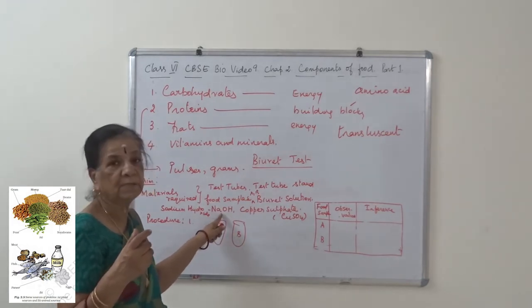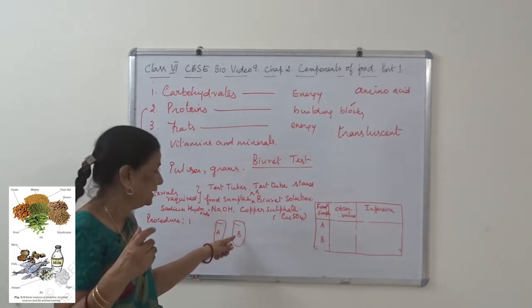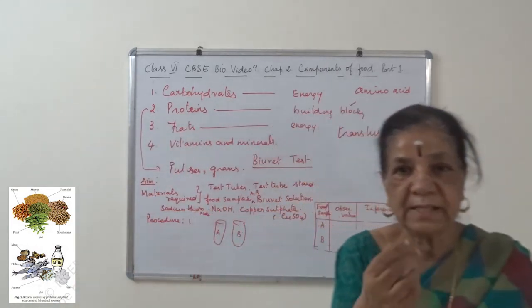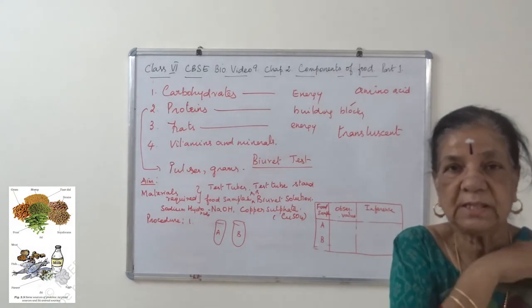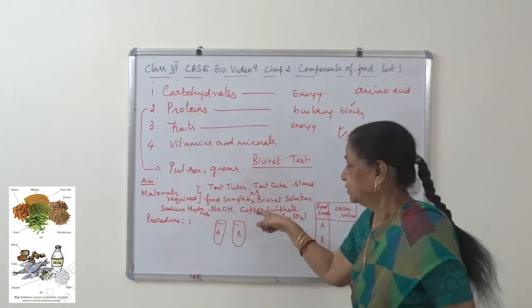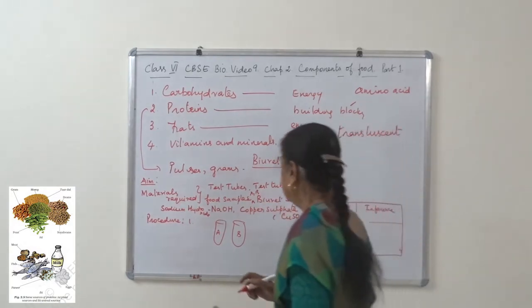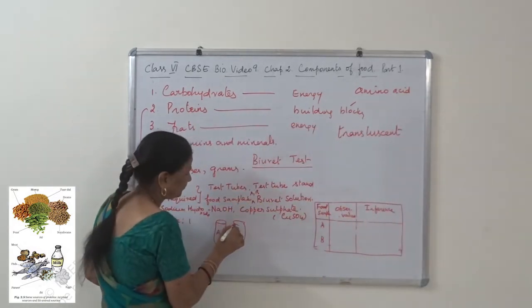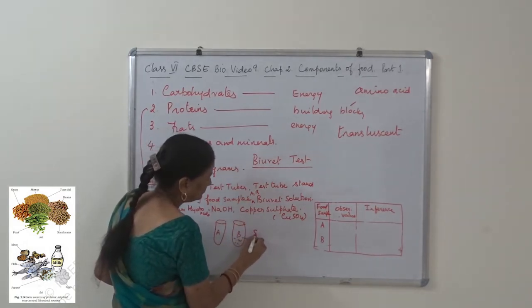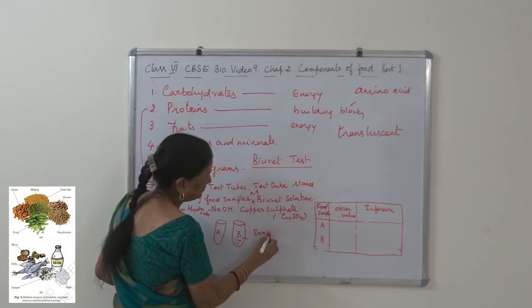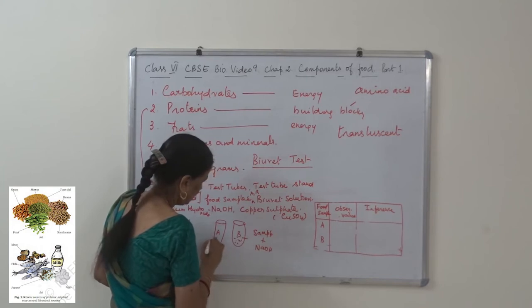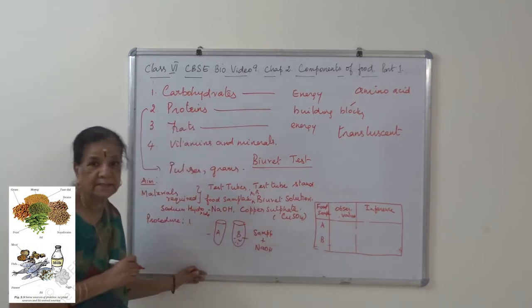The egg white precipitate becomes a clear solution when adding NaOH. So we have added food sample plus NaOH.